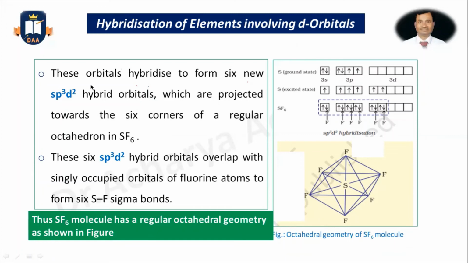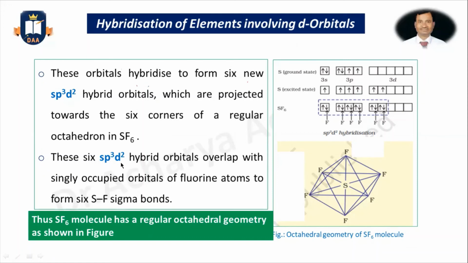So these orbitals hybridize to form 6 new sp3d2 hybrid orbitals, which are projected towards the 6 corners of a regular octahedron in SF6. So this is the regular octahedron, the central atom is sulfur, and all 6 corners of this regular octahedron are occupied by fluorine atoms.